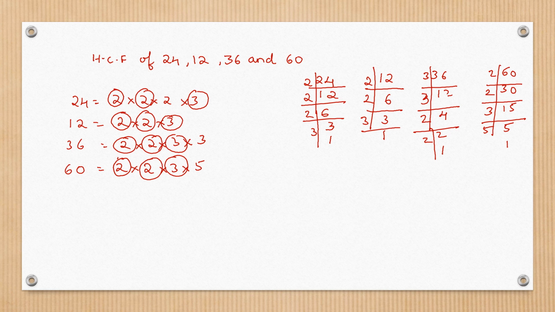So let's multiply them and find the highest common factor. That is 12. So 12 is the highest common factor which divides 24, 12, 36 and 60.